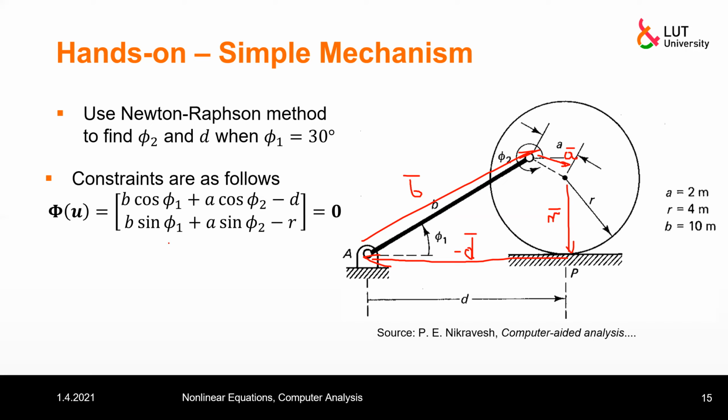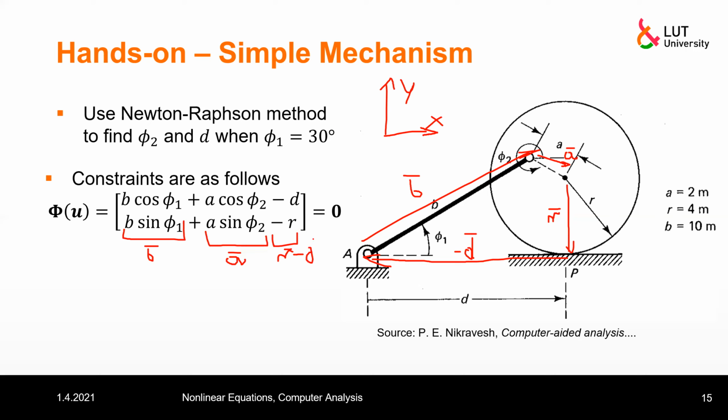So those terms are vectors. This is vector b, and we must put it in some reference frame. Our reference frame is simply x and y. So this is the b vector, this is the a vector, and this is the r minus d vector.